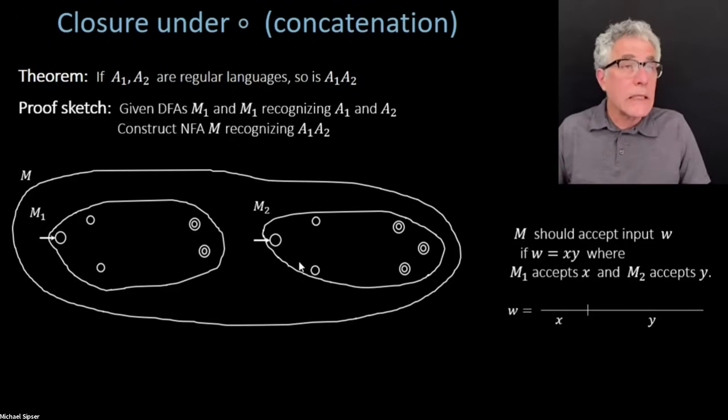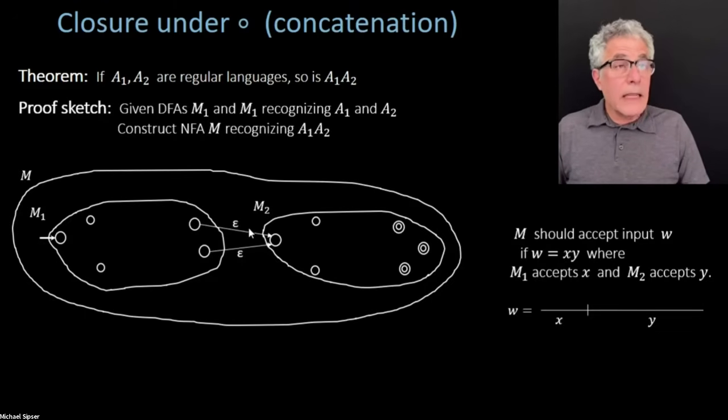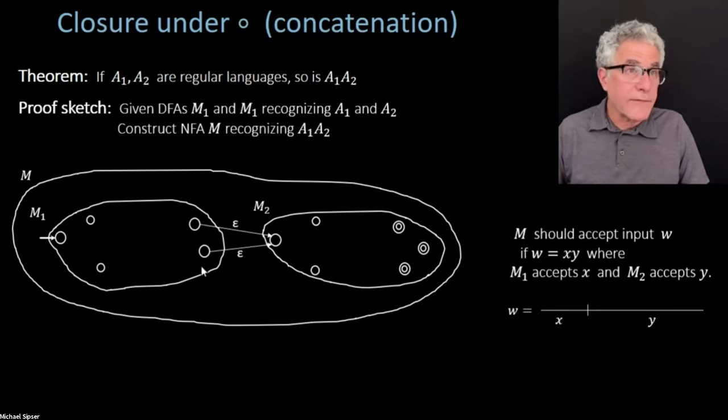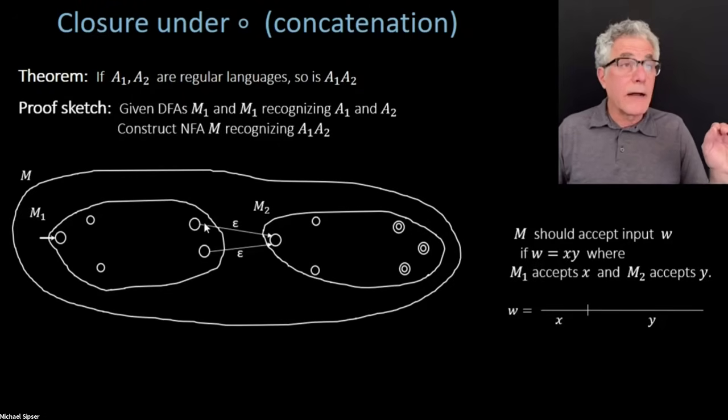The way we're going to get that effect is by putting in empty transitions, epsilon transitions, going from the accept states of M1 to the start state of M2, just as I've shown here in this diagram. So these were the original accepting states of M1, and now they're going to be declassified as accepting states, but they're going to have new epsilon transitions attached to them, which allow them to branch to M2 without reading any input.